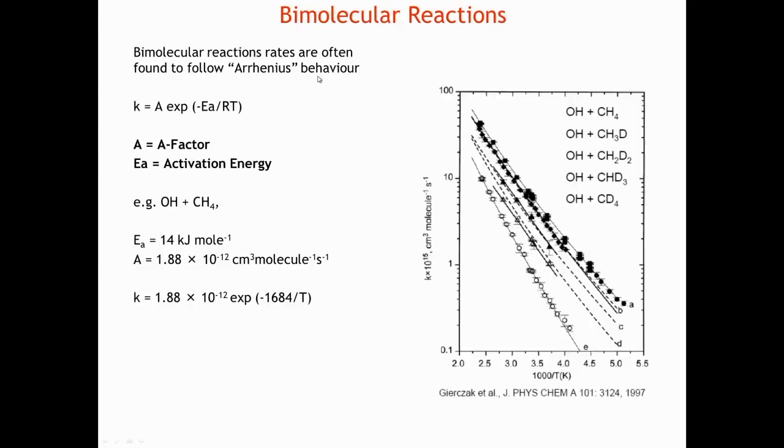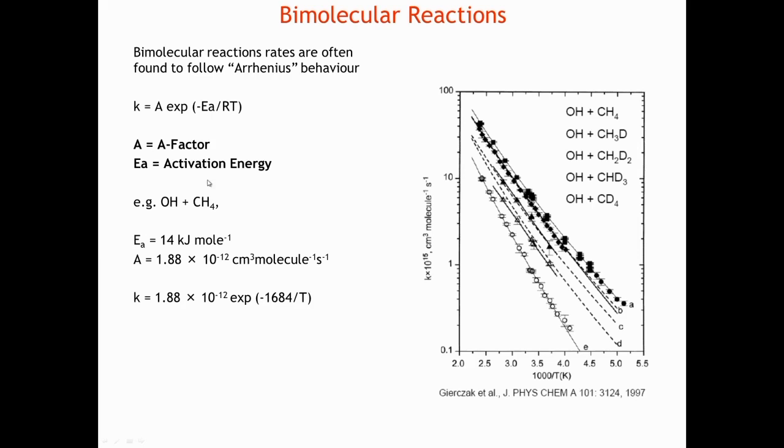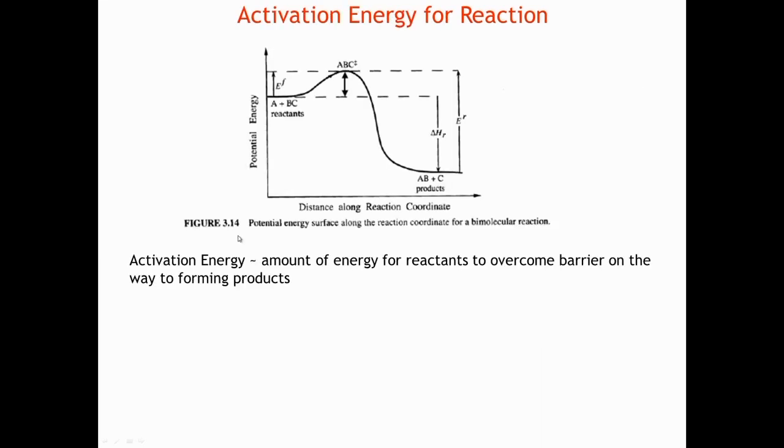So this energy term, 14 kilojoule per mole, is this energy from going from OH and methane separate. So what's the product of OH plus methane?